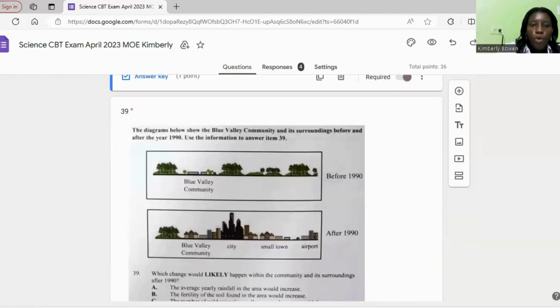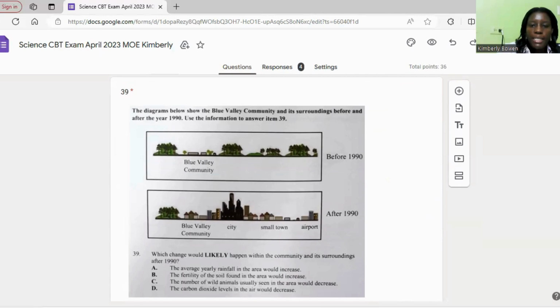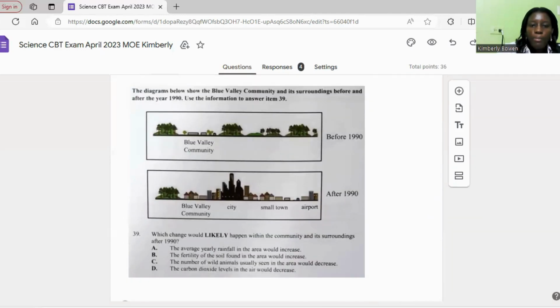The diagram below shows the Blue Valley community and its surroundings before and after the year 1990. Use the information to answer item 39. Blue Valley community before 1990, Blue Valley community after 1990.